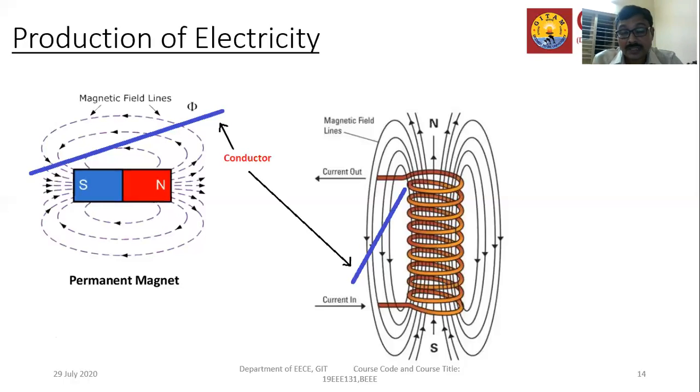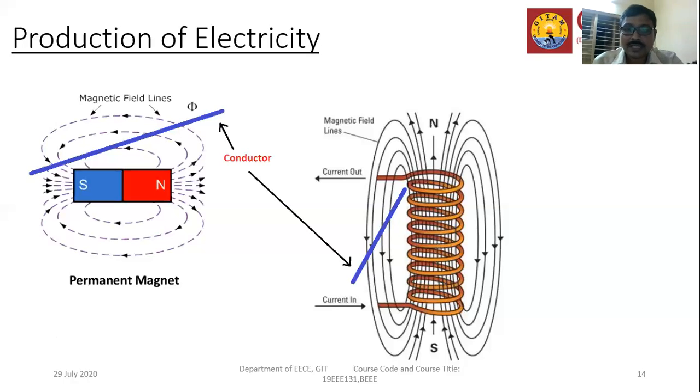Now, if the conductor is moved in the field produced by this electromagnet, then the flux linking the conductor will change with time. So then there will be an induced EMF in the conductor. If you join the two ends of the conductor by means of a wire and a bulb, the current passes through the bulb and the bulb will glow.